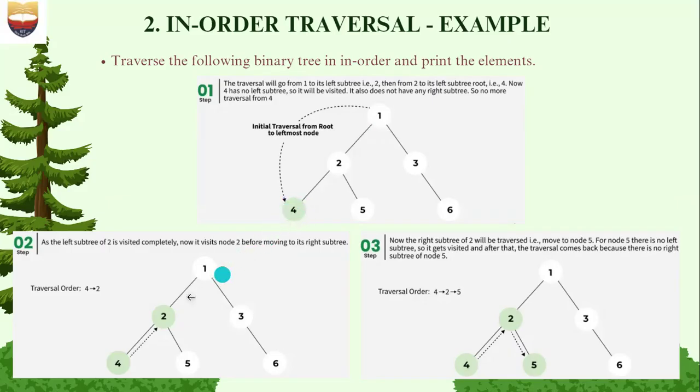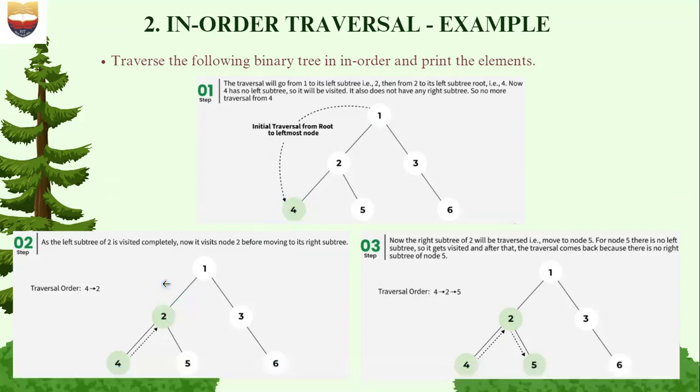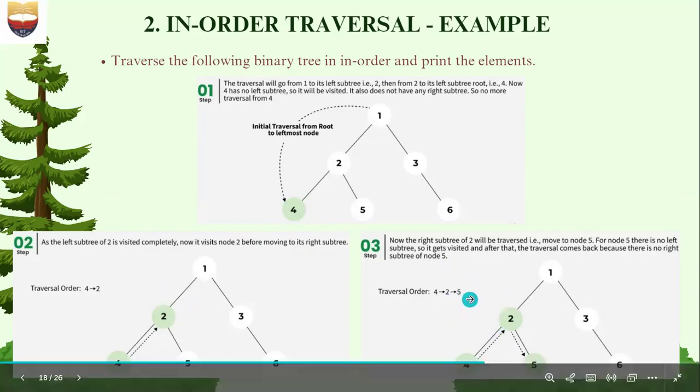In the second step, we come to the root node or parent node. That is, after visiting the left child, we go to the parent node. Here the parent node is 2. And after visiting the parent node, we can go to the right child, that is 5. Therefore, till step 3, we have visited nodes 4, 2, and 5.